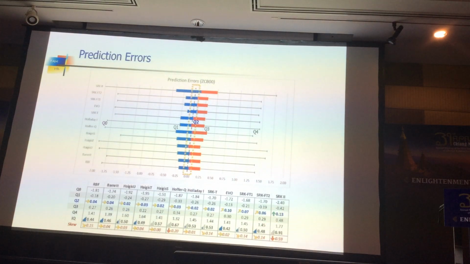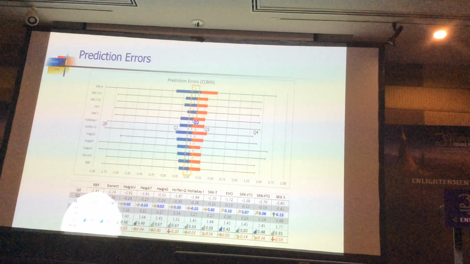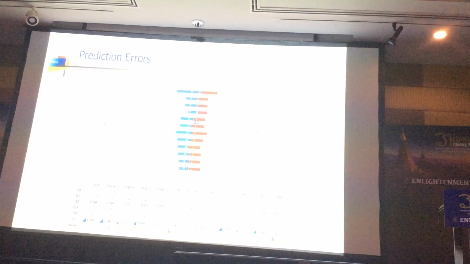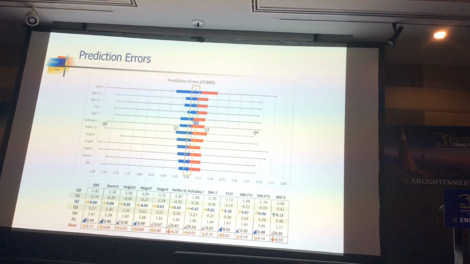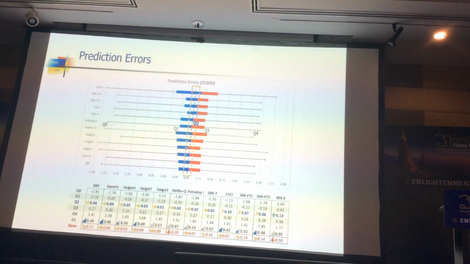Median and mean are about the same. If you want to see whether they are very different, you just look at the skew below here. Minus 0.15 means it's a skew towards the negative side, and the plus is a skew towards the positive side. The closer to 0, that means that formula has no skew whatever. It is not biased in one direction or the other.